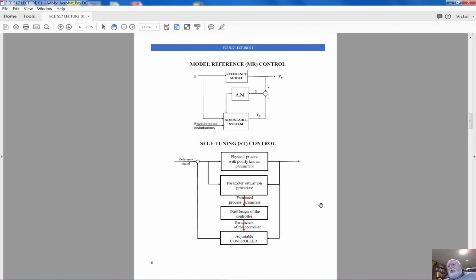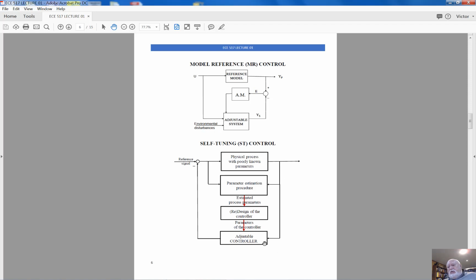I want to show you self-tuning control principle, which is different from model reference. In self-tuning control, I want you to find the real physical process with poorly known parameters, the control plant.